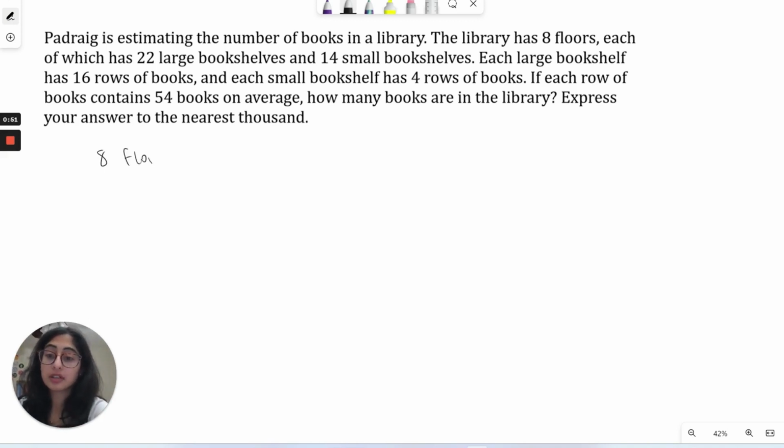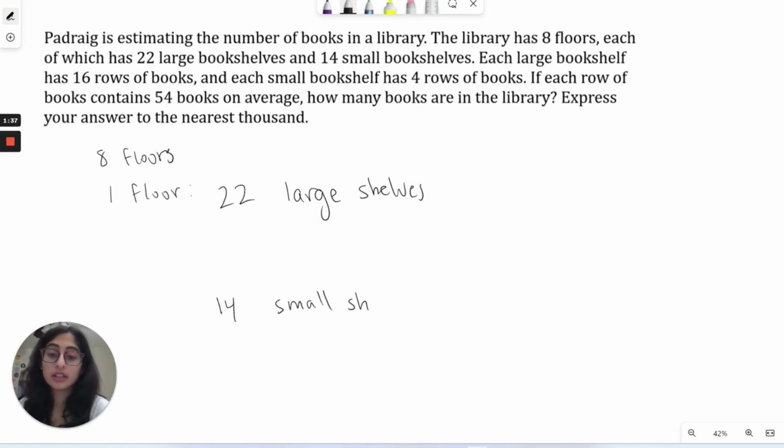There are 8 floors, but in one floor, there are 22 large bookshelves and then 14 small shelves on each floor. Each large shelf has 16 rows of books, so that's 16 rows of books per shelf.